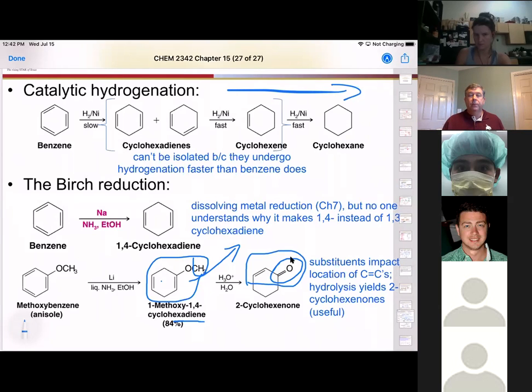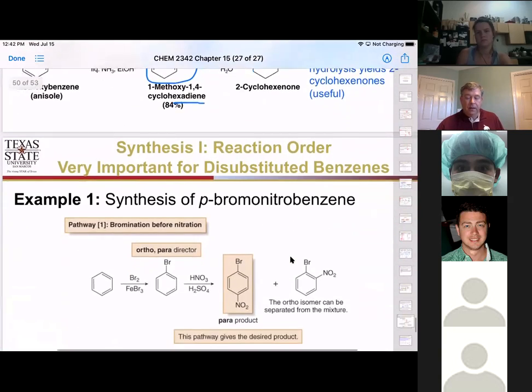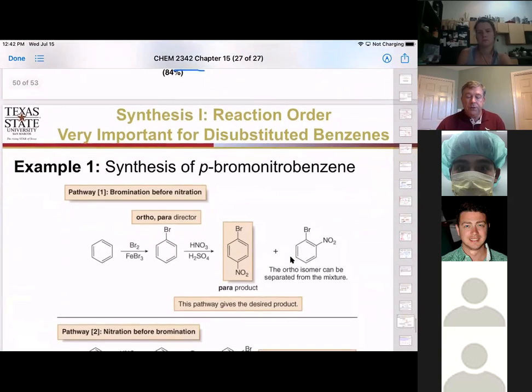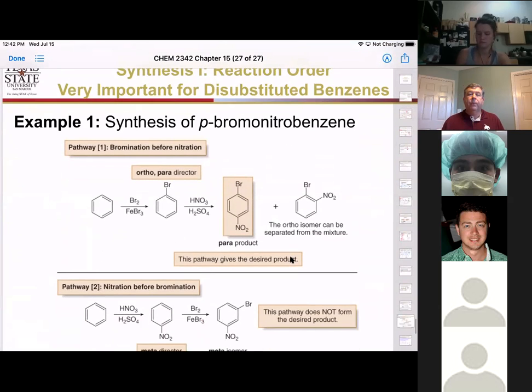Okay, so we have two different reductions we can do: the catalytic hydrogenation, which is very slow, or the Birch reduction, which allows us to have a functionalized cyclohexadiene. Okay, so now I said before that once we have groups on a system, we're going to have preference for one product ratio or another, right?